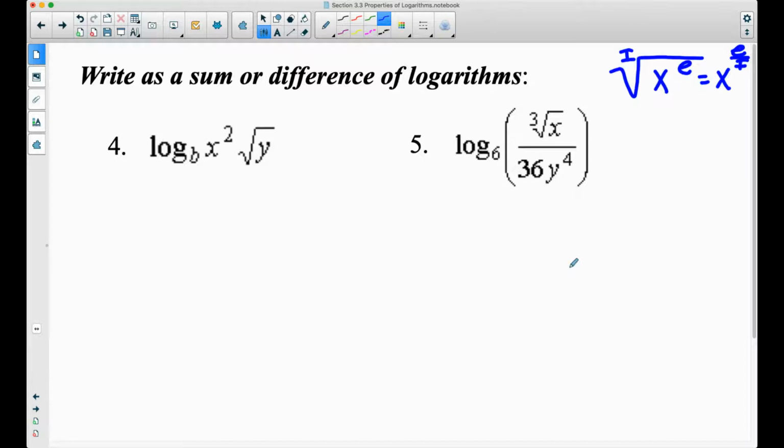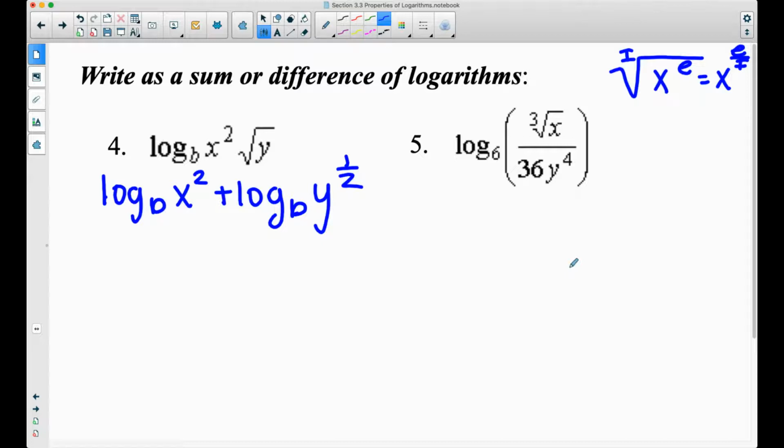Okay, exponent over index. So I'm going to change that y to the 1/2. All right, so I'm going to show probably way too many steps on the first couple problems, but hopefully it'll help with notes, and then from there you can determine how many steps you want to do in one kind of thing.